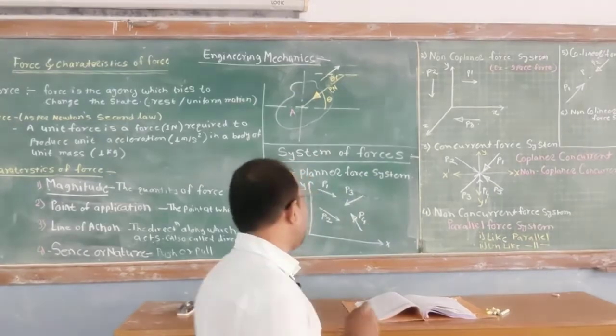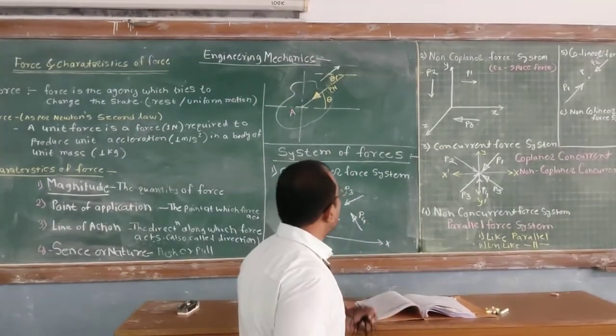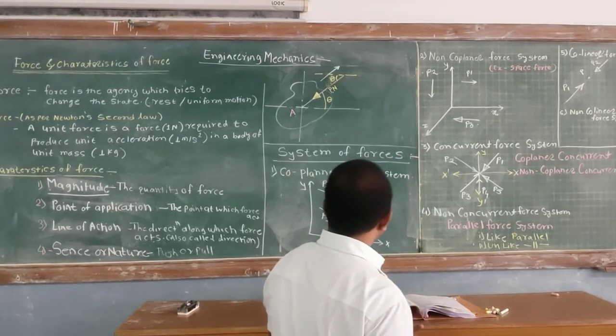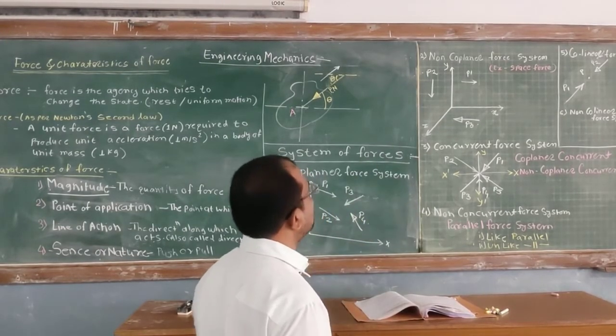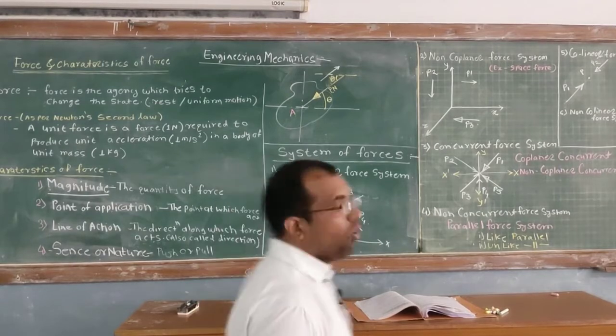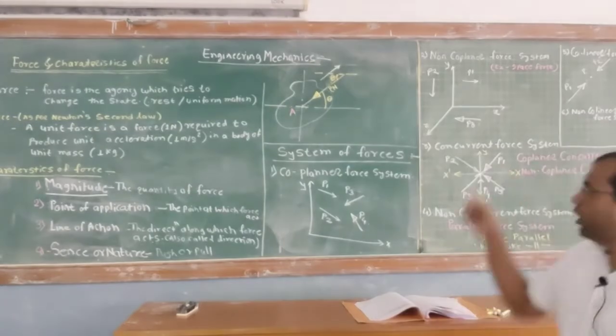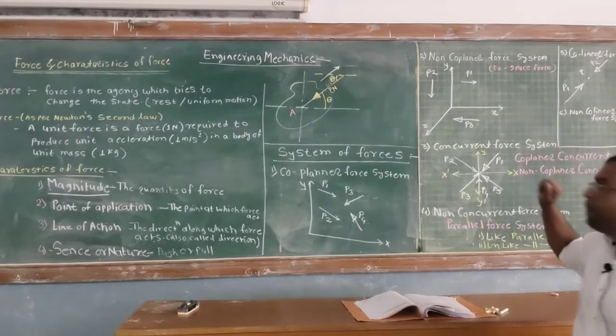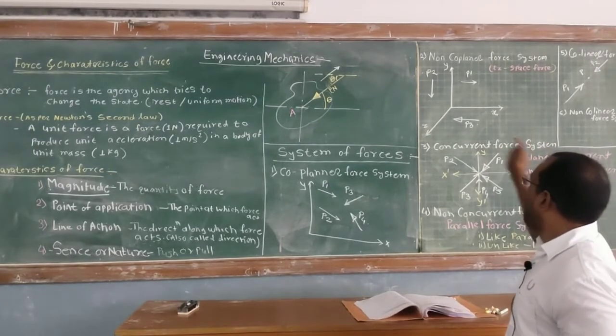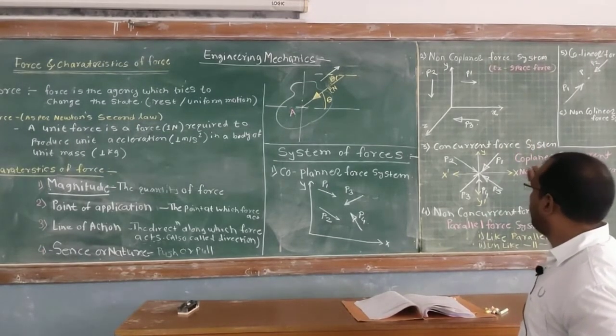Therefore, it is known as the coplanar force system. Now come towards the second system of forces: the non-coplanar force system. In the non-coplanar force system, if you observe, there are 3 forces, P1, P2 and P3.